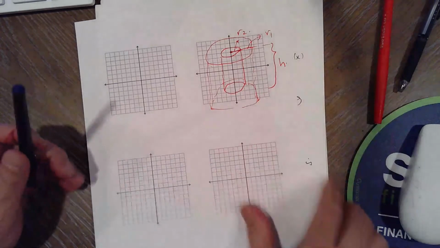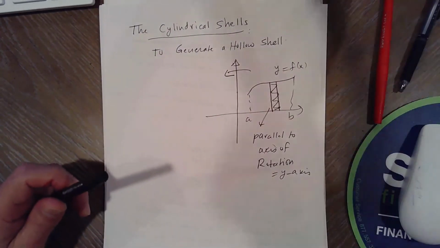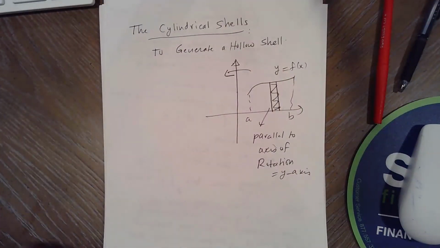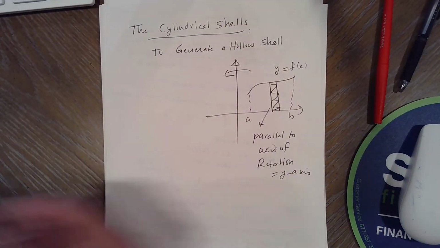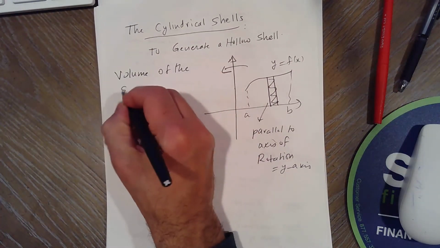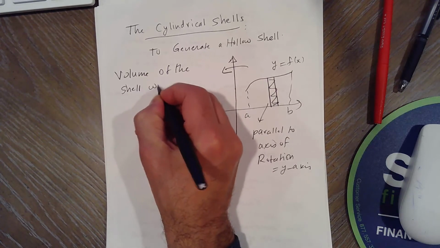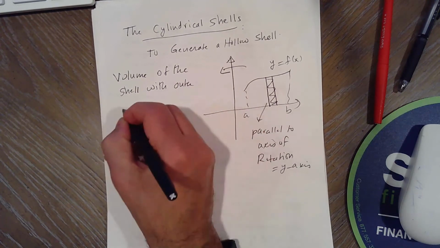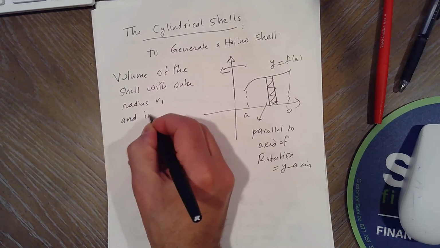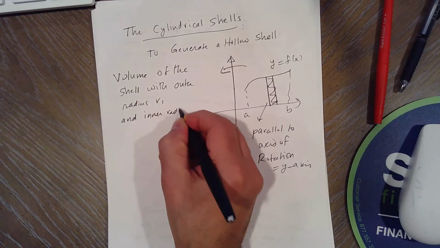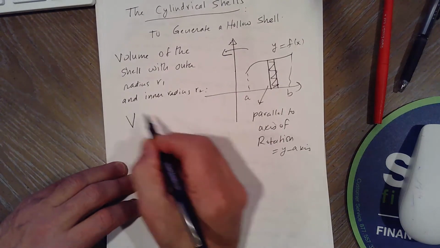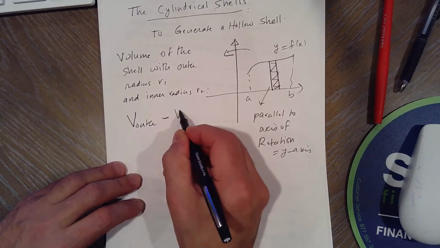So the volume of the shell with outer radius r1 and inner radius r2 is going to be the volume of the outer cylinder minus the volume of the inner cylinder.